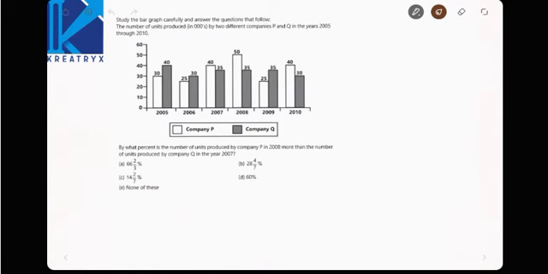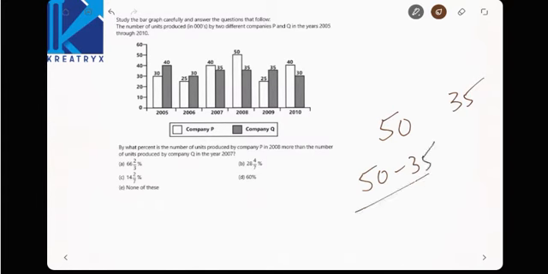Next, by what percent is the number of units produced by company P in 2008 more than the number of units produced by company Q in 2007? In 2007 company Q produced 35. So answer will be what? 50 minus 35.